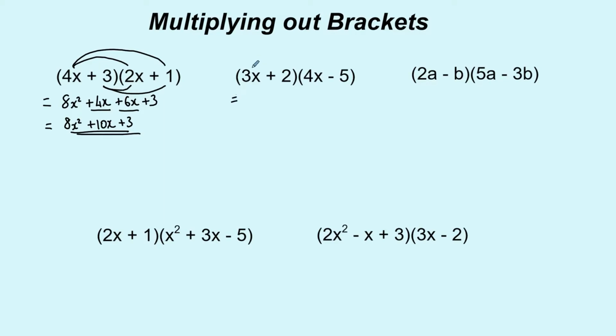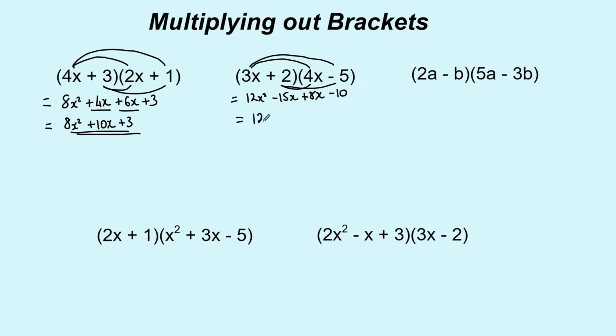So the first one, 3x times 4x, 12x squared. Then move on, 3x times negative 5, that's negative 15x. Moving underneath, a plus 2x times 4x, so plus 2 times 4x, 2 times 4x is 8x, so plus 8x, and 2 times negative 5 would be negative 10.